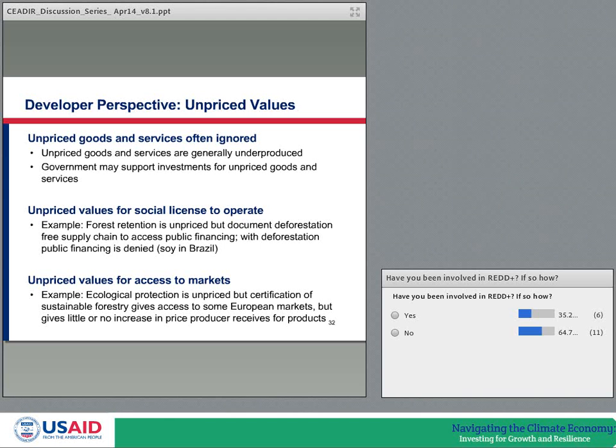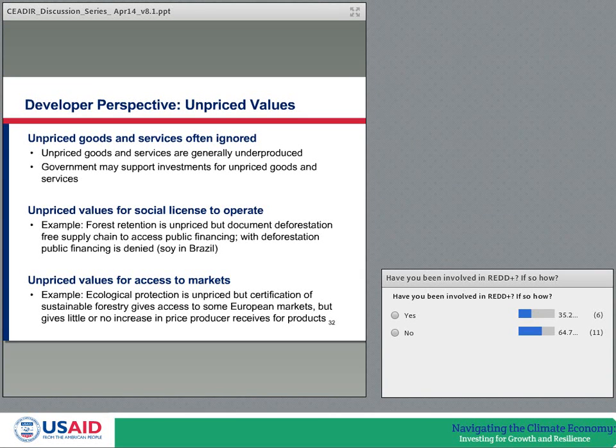Brazil is a unique case where the soybean business was very concentrated and happened to get their annual operating loans from a government bank. So the government could say, you don't get your operating loan unless you show that you're deforestation free. That's a big lever. You might not get your forestry concession unless you meet certain requirements.